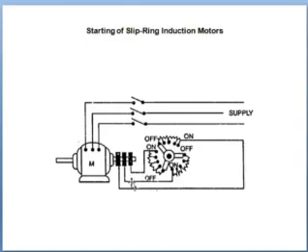This is a very important provision which is only applicable in the slip ring induction motor. So for cage induction motors, we will be using star delta or auto transformer starting, stator voltage starting. This is the starting of three-phase induction motors.